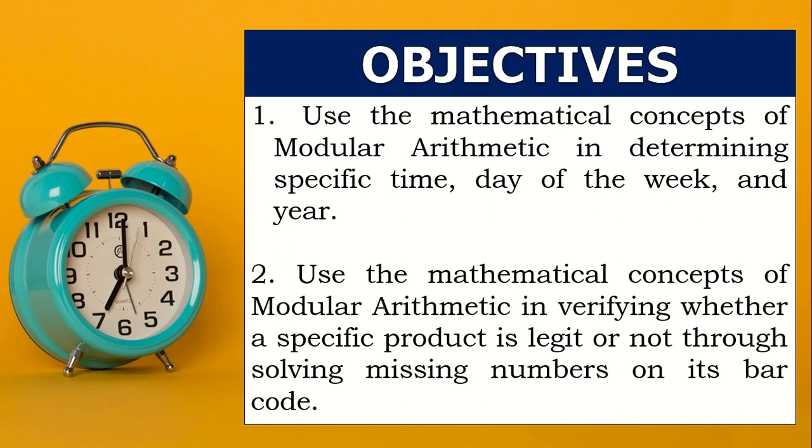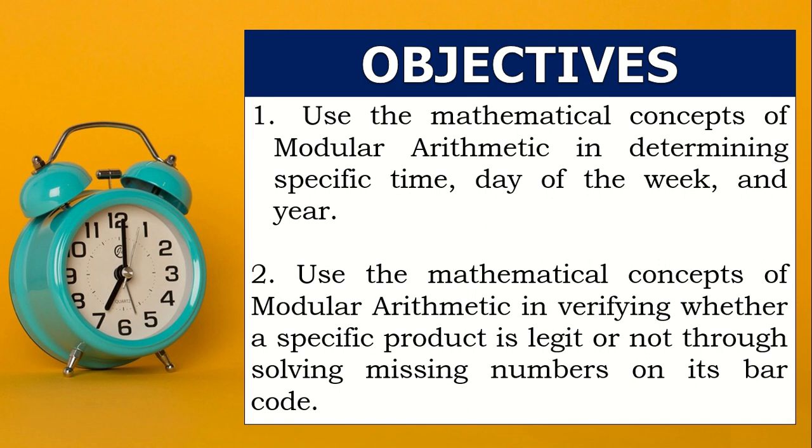For instance, the concept of the time, the day, and the date are manifestations of mathematics, which are very helpful in tracking events in the future or in the past. We also use it as representation for the products we usually consume, so we are aware whether these products are legit or not. So with that, we're going to use the concept of the modular arithmetic.